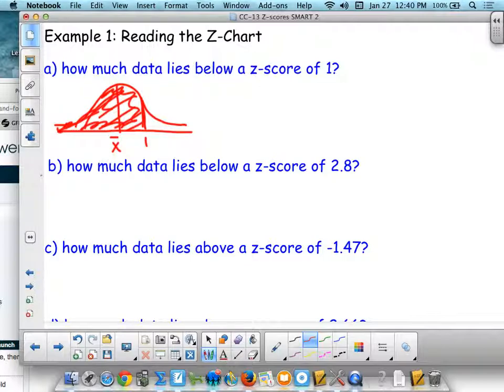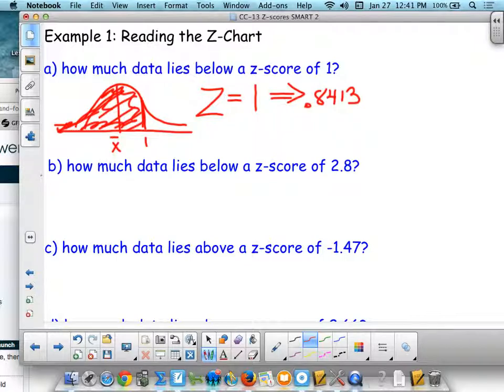Well, let's look it up. A Z-score of 1 means, are you looking it up? 0.8413 is what Carr says. Are you guys agreeing with him? Yes or no? Guys, you've got to look it up.